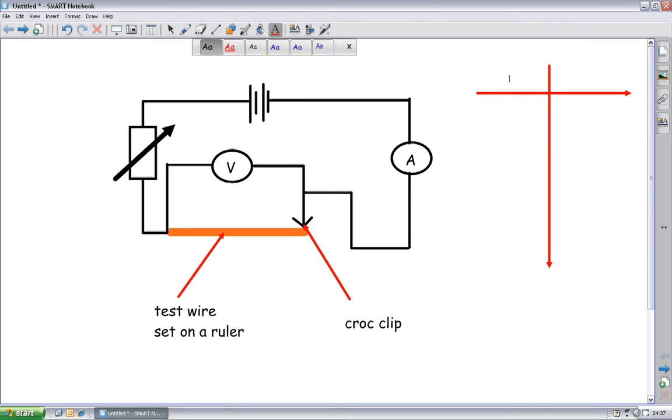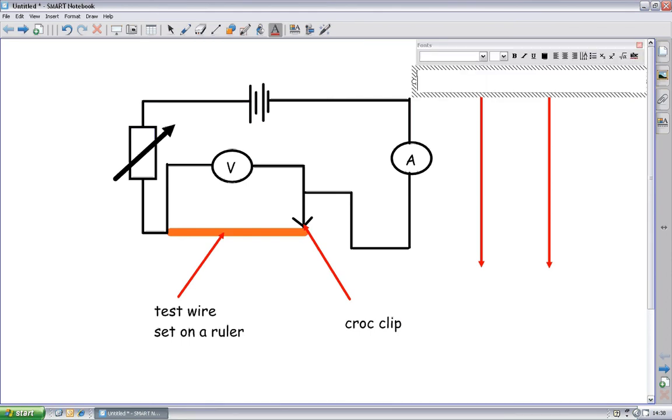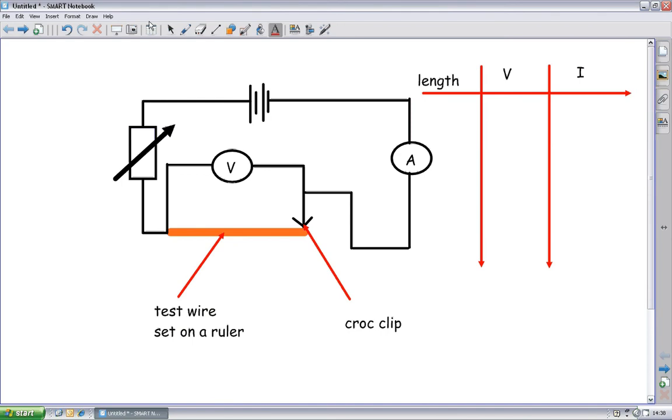I'll take readings of the voltage and the current. So this is my table, and this is V, and this is my current I. Of course, we'd have units for those, V in volts, current in amps, and I'd also probably need a length column, otherwise this doesn't make an awful lot of sense. Little side note: in theory, you should always do your tables from left to right in terms of what you measure. So I will measure length first, then the voltage, then the current.